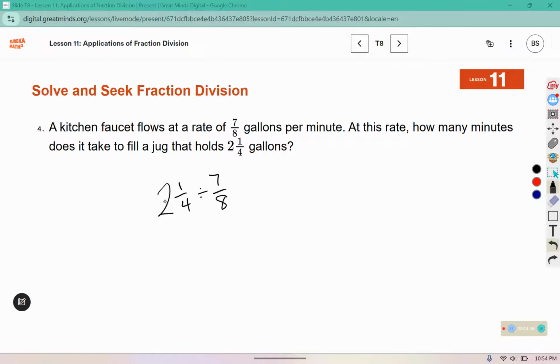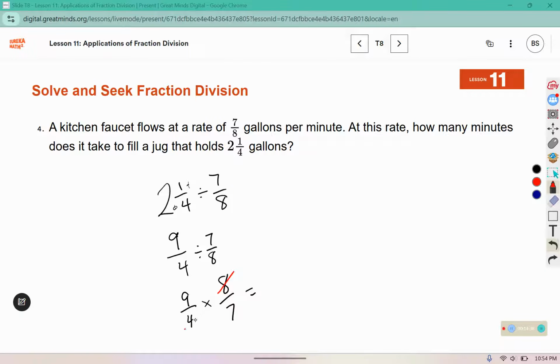We're going to change it to an improper fraction. 2 times 4 is 8, plus 1 more makes 9. Then leave, change to multiplication, and flip the fraction over.